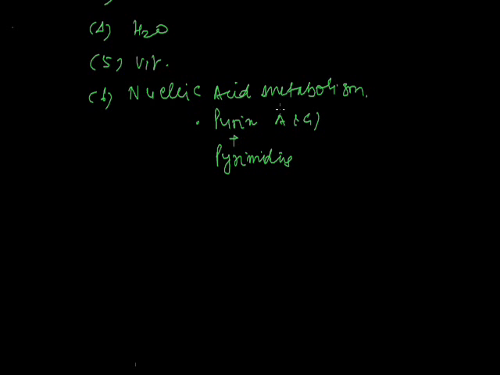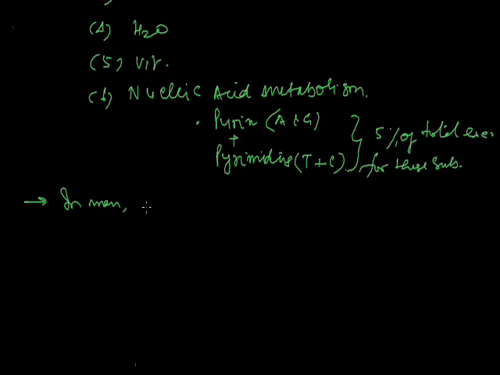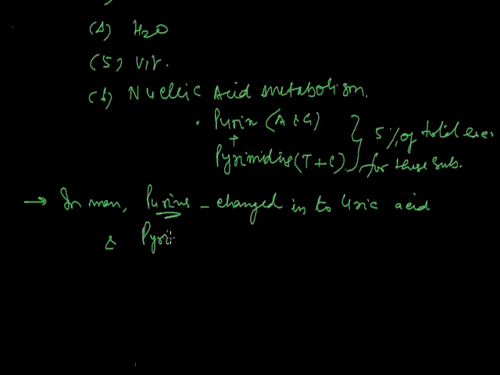Purines are adenine and guanine, while pyrimidines are thymine and cytosine. About 5% of total excretion is these substances. In man, purines are changed into uric acid, while pyrimidines are changed into alanine.